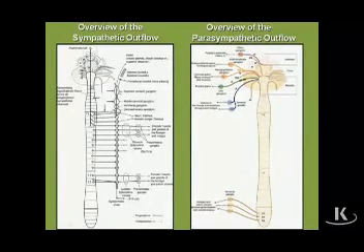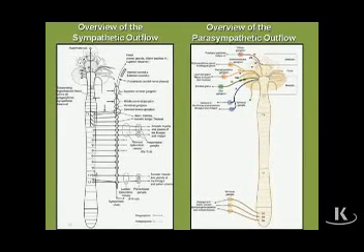In the case of the sympathetic nervous system, we can see on this slide on the left that the cell bodies of the preganglionics in the sympathetic nervous system are all found in the spinal cord and are found at spinal cord levels T1 to L2. We notice that there are no cell bodies above T1 in the spinal cord or the brainstem, and there are no cell bodies of the sympathetics in the spinal cord below L2.